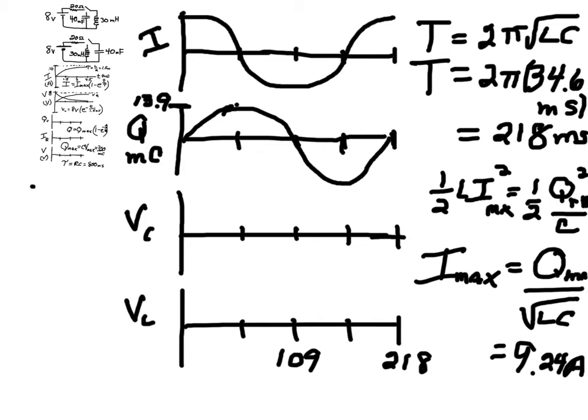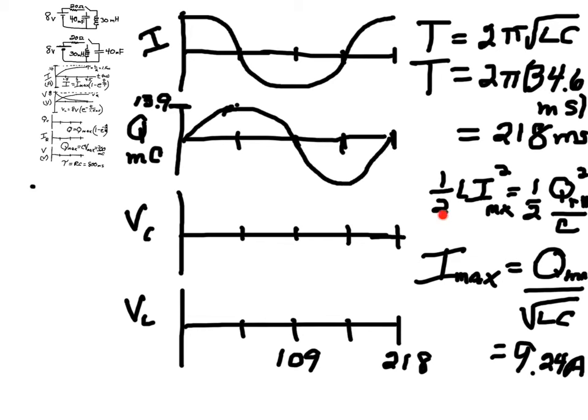So remember, the voltage on a capacitor is directly a function of the charge on the capacitor. So the voltage on the capacitor is going to follow the same thing. Oh, well, what is the voltage going to be? So don't make the mistake of saying that the voltage is 8 volts. The 8-volt battery is gone.